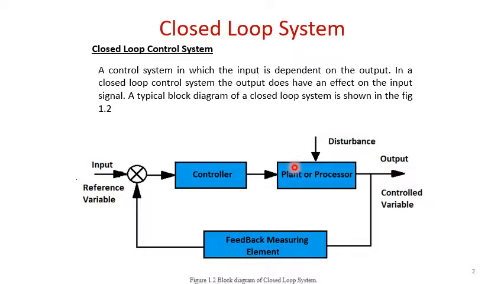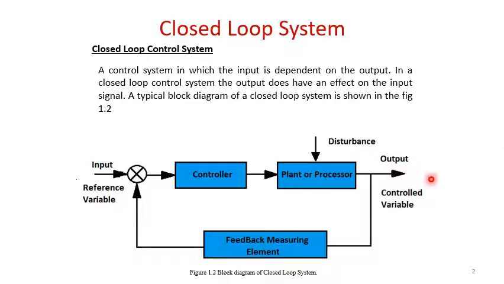So when we look at that diagram as a block diagram, the block diagram representation shows the various variables at the output: that is the controlled variable, then the measuring block, the comparison element, the controller element, and the plant or process element.